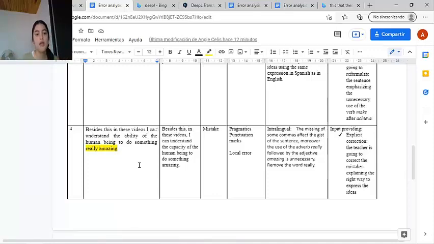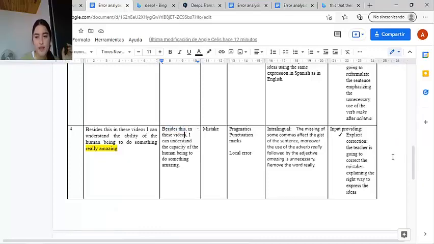And also punctuation marks, because the missing commas affect the gist of the sentence. So it is necessary to add some commas in this part, besides this comma and this comma, in these videos.